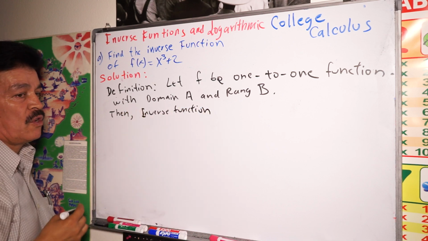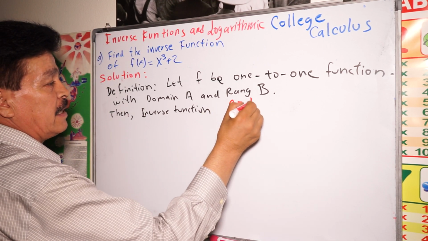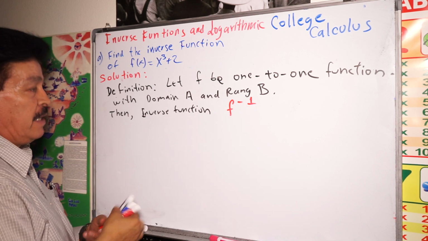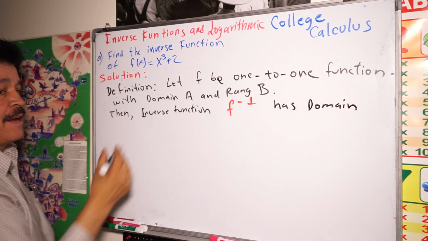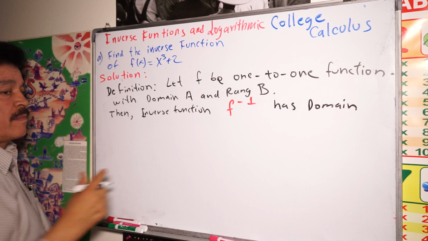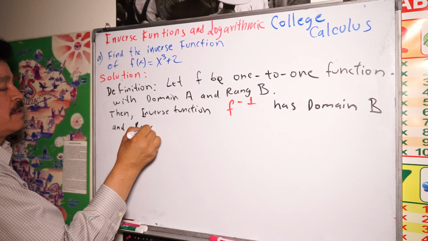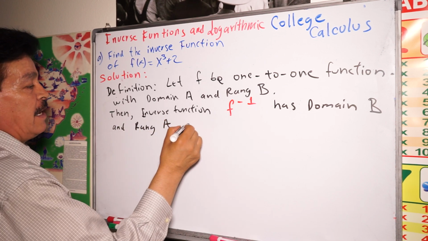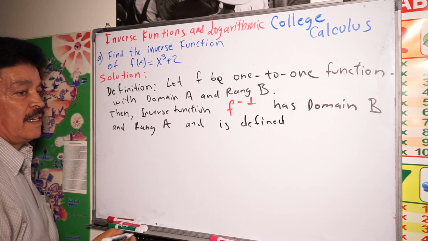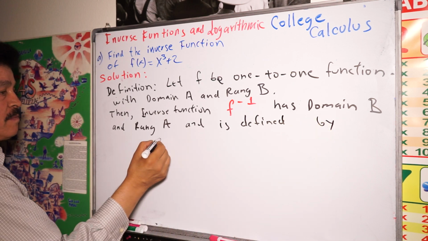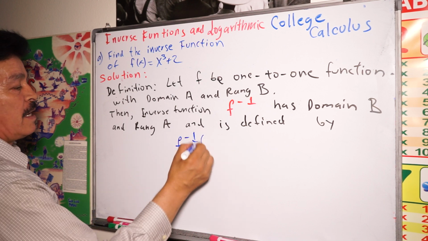So now the inverse function, we have to write like this: f minus 1 has domain B and range A, and is defined by f to the negative power, like this.